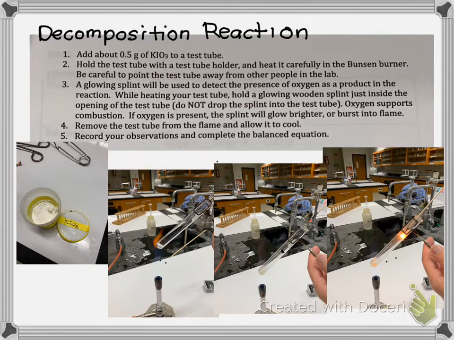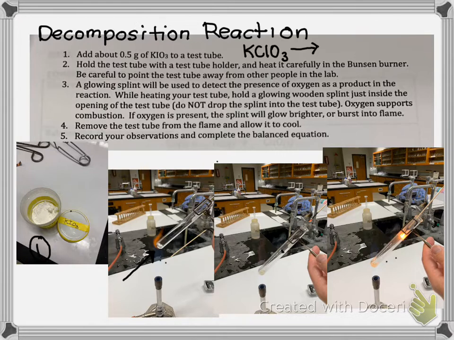So we're decomposing potassium chlorate, which is KClO3. And it requires heat, so again, I had to use a Bunsen burner. So in this first picture, this is the potassium chlorate, and you can see I put a very small amount of it into a test tube.